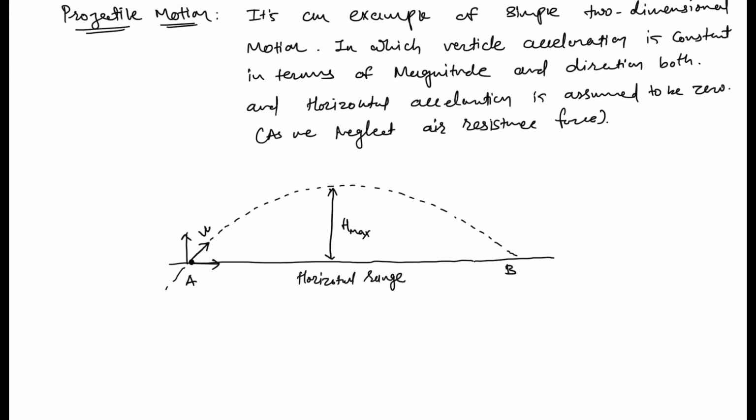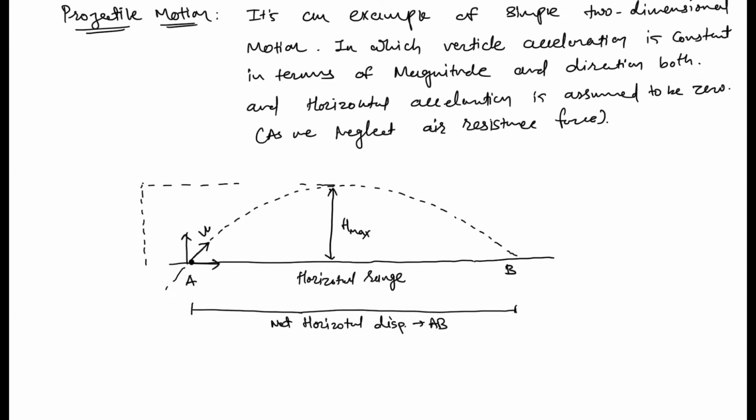As we see, in horizontal direction it goes from point A to point B, so its net horizontal displacement is AB, and it goes up just like this to this height, let's say h max, and then it returns back to the ground here.